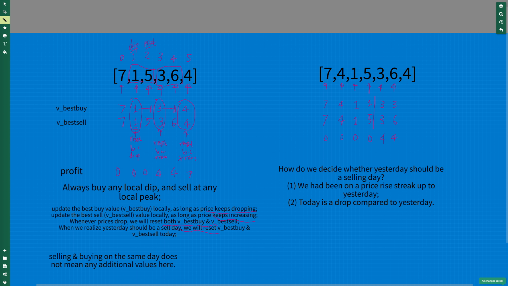And now at this last index here, it's a price drop after a price rise streak, so it should be a selling day yesterday. And then now we're gonna have to reset this to 4. But also our profit has reached 7. So this is how we calculate it. I think it's a pretty complete logic.